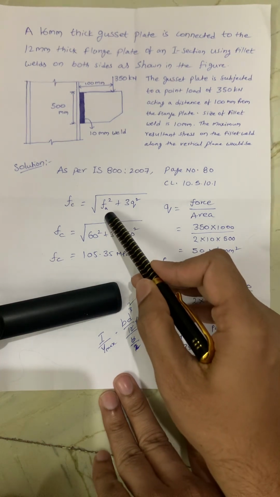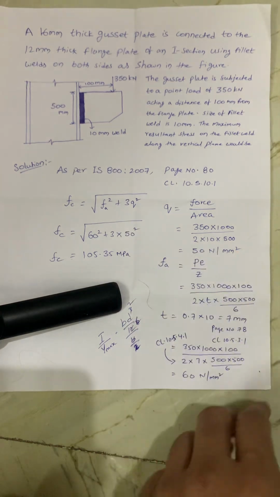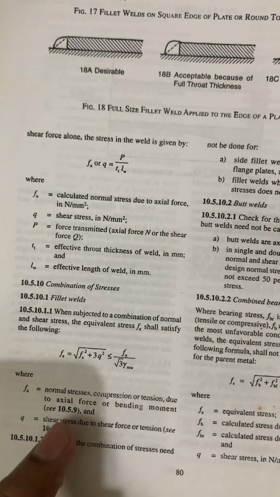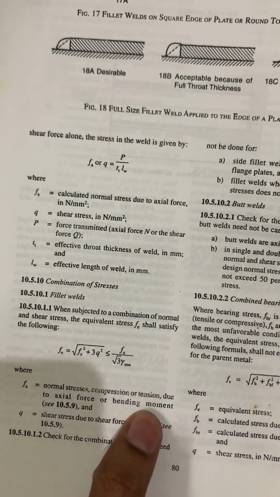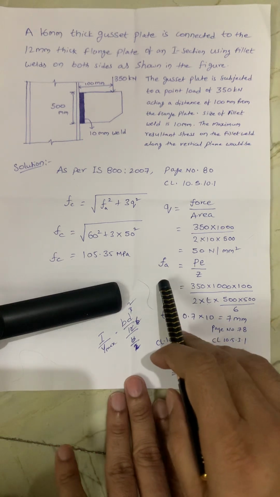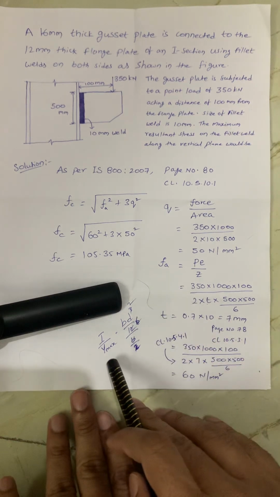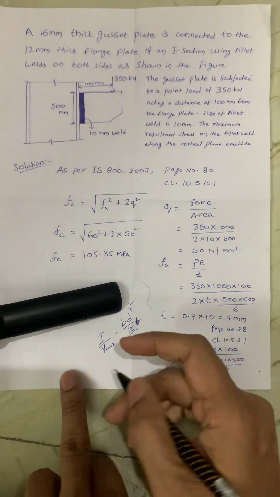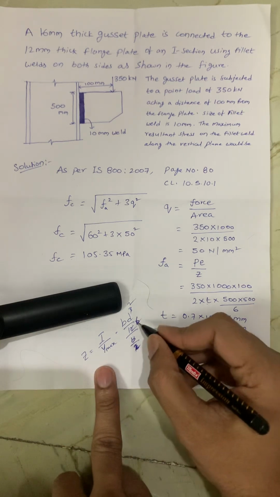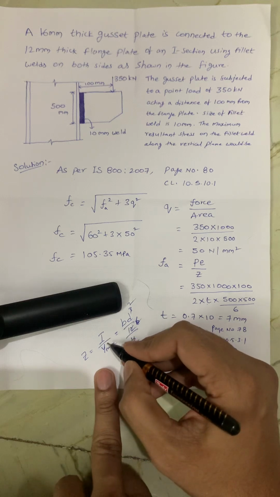And next unknown is Fa. So Fa is nothing but normal stress, compression or tension due to axial force or bending moment. So we know the bending moment formula, that is Z equal to I by Y max for the rectangular portion.